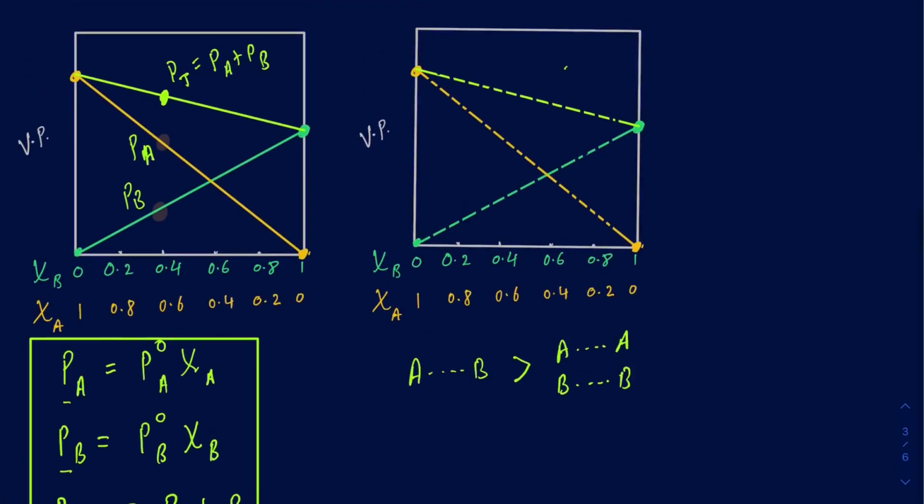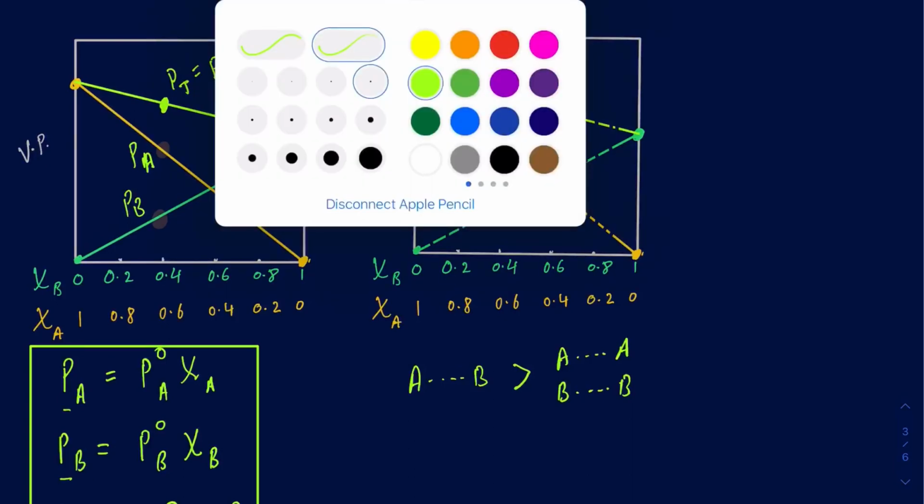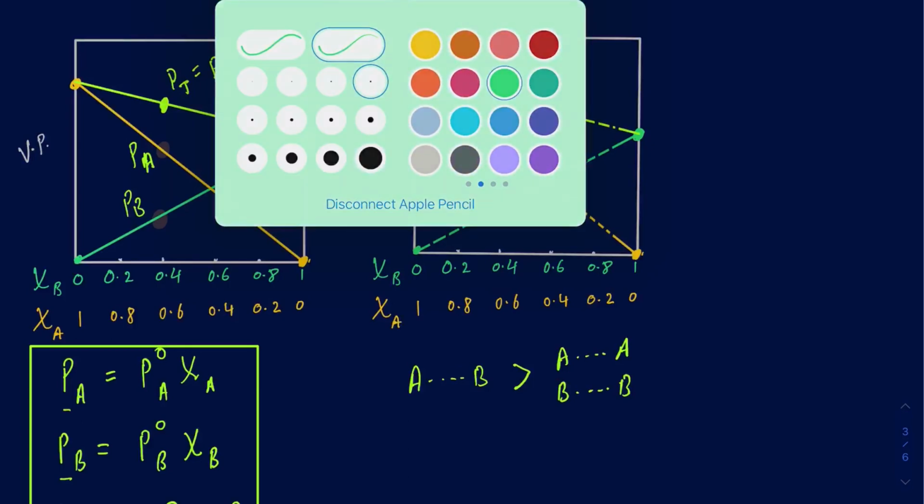So what that means is they're going to be held together with stronger forces, and in that case, their vapor pressure is not going to be what you would see in an ideal solution, but you would have something like this.